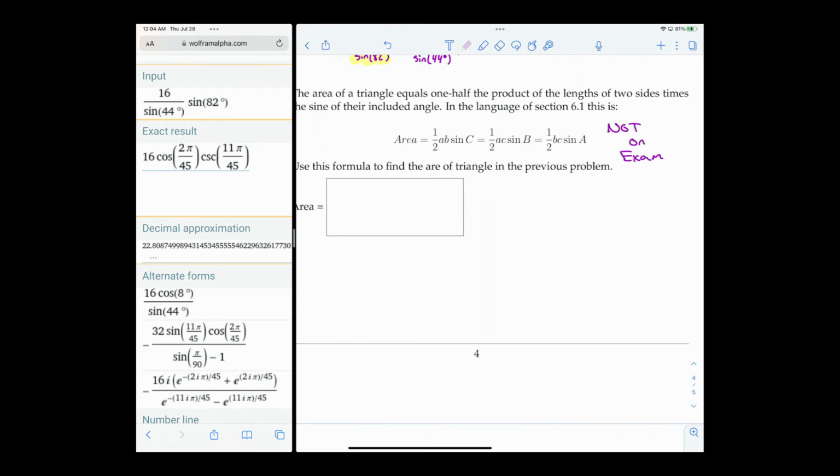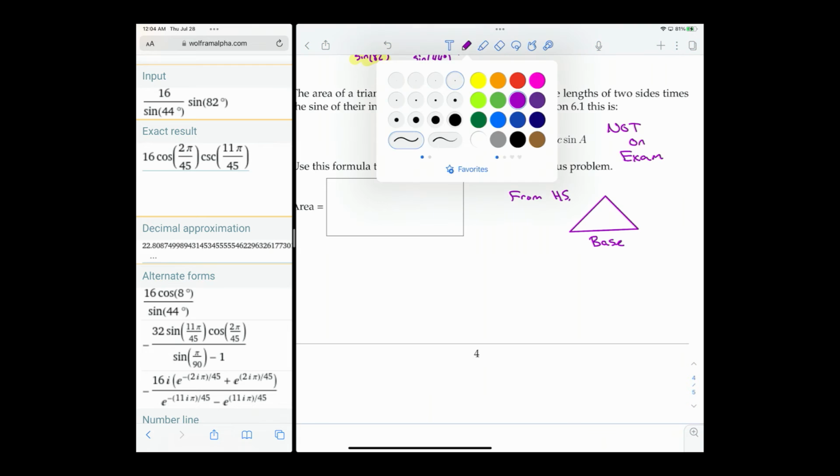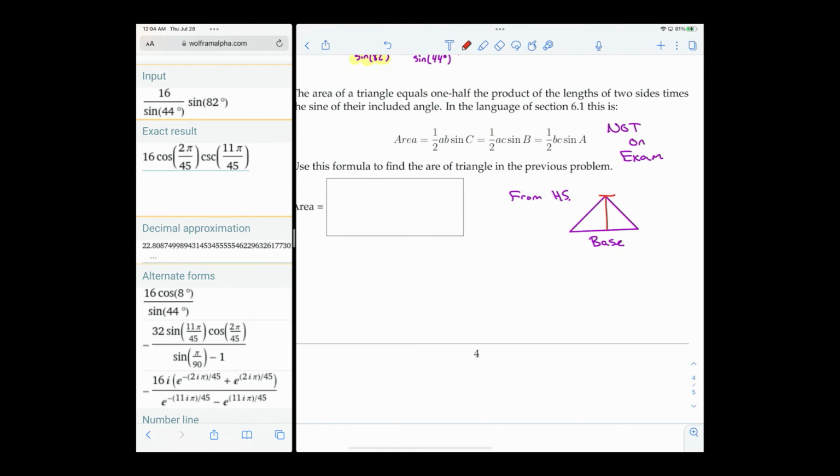So what it says is normally you might remember from geometry in high school that if you have a triangle, just a general triangle here, then you have a base, and then you have a height, and then the area of a triangle is 1/2 base times height.